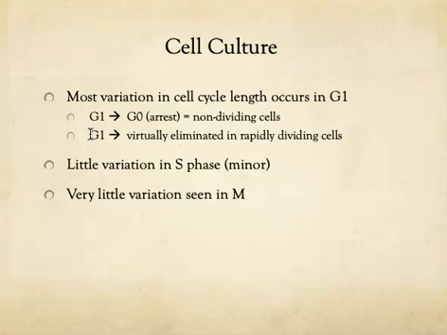In cells that don't divide at all, G1 simply moves into G0. There's very little variation in the S phase from cell type to cell type, even when generation times vary a lot. And there's very little variation in the M phase as well.